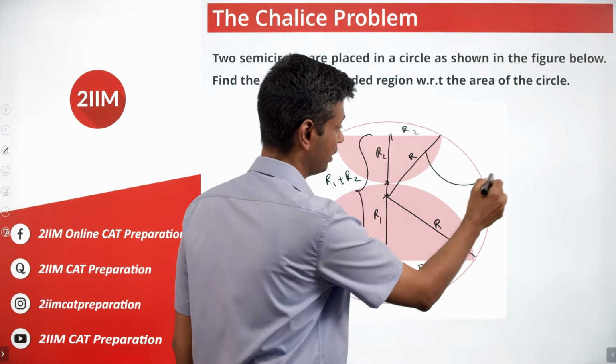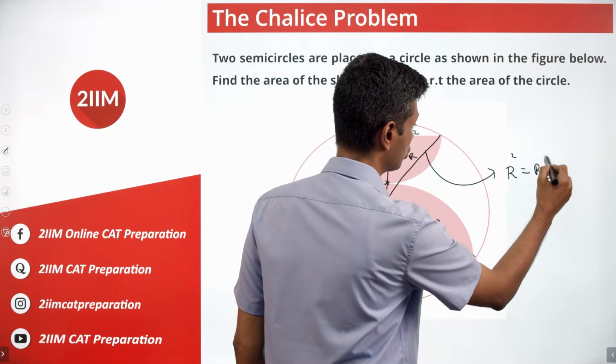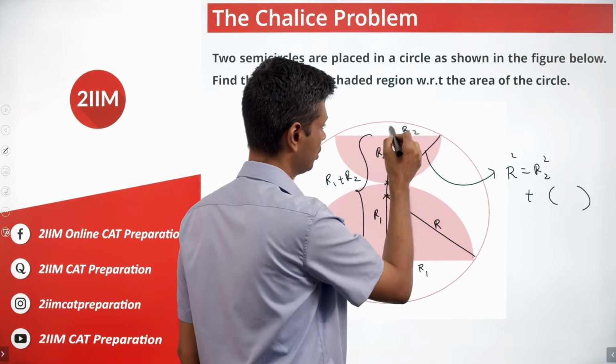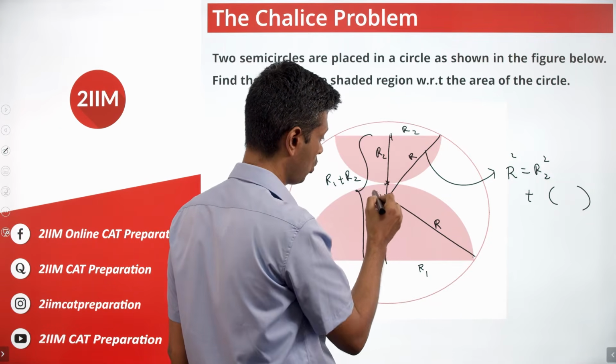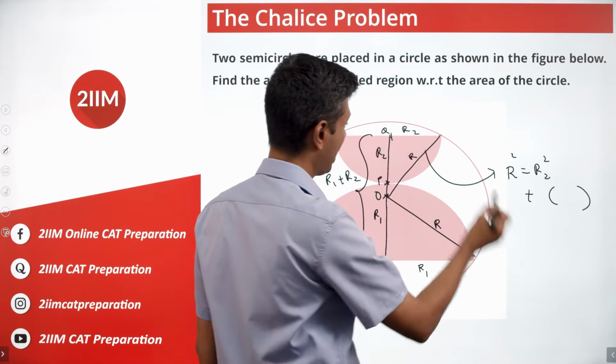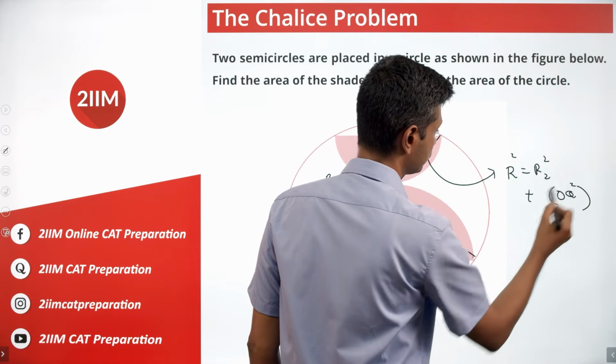If you take this triangle, then you can say R square is R2 square plus this square. Let's say we call this O, this is P, this is Q, this is R. Then R square is R2 square plus OQ square.